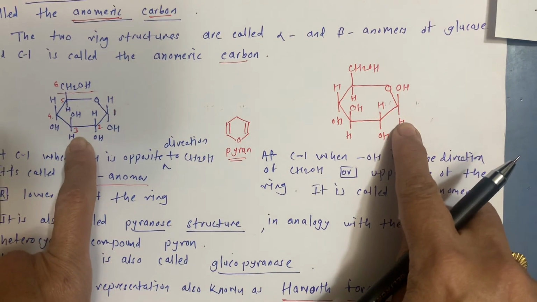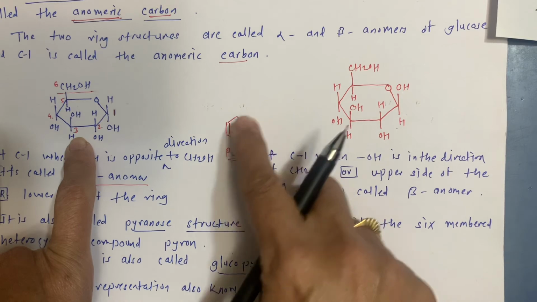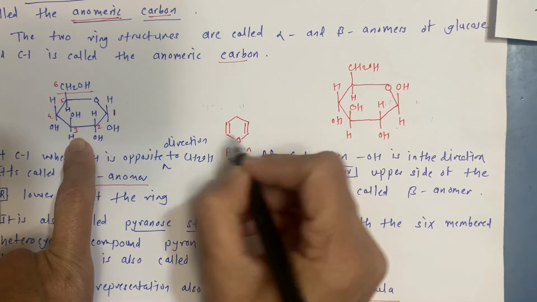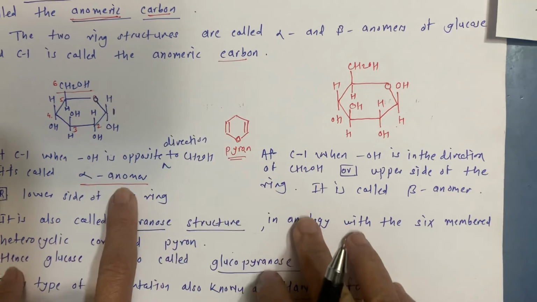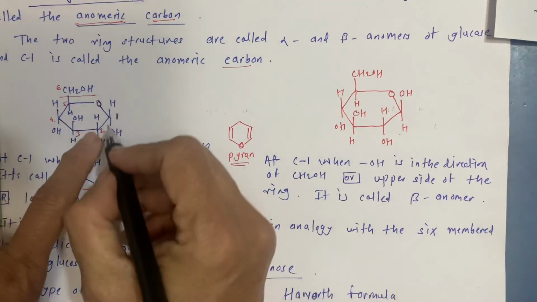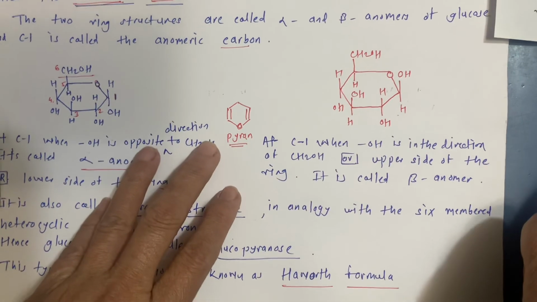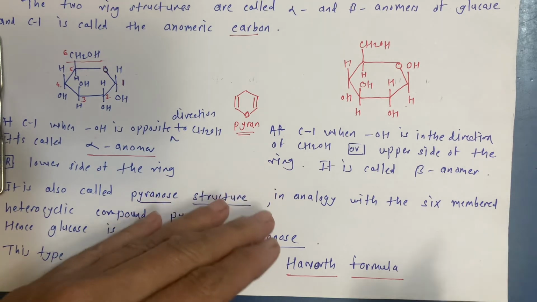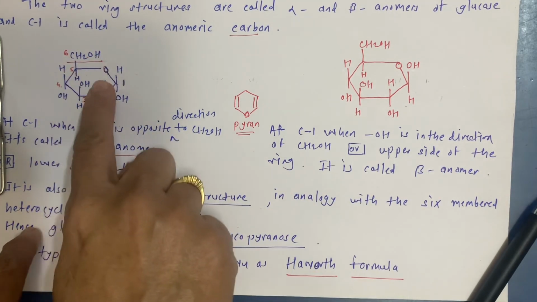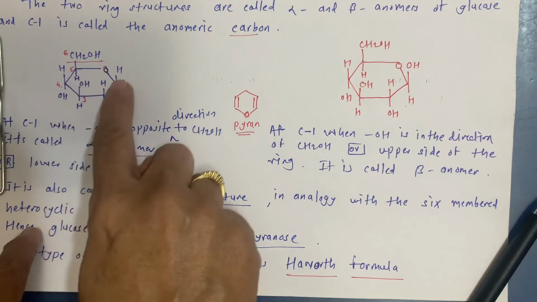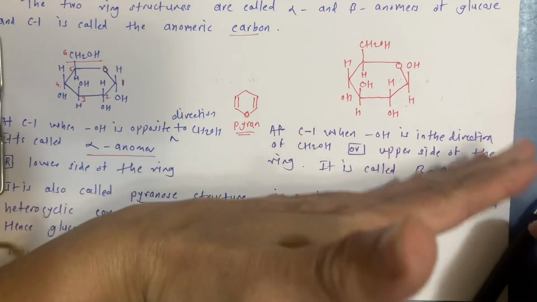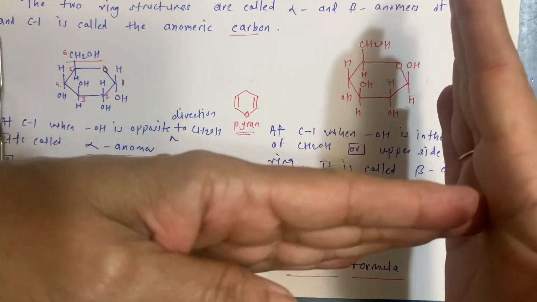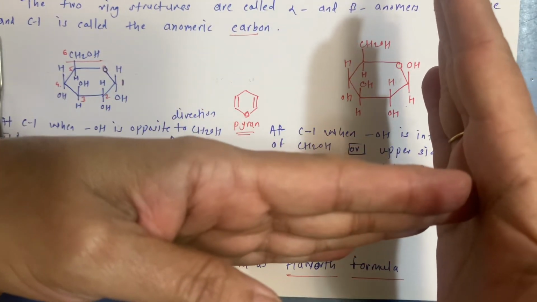What is this Haworth formula? It is based upon pyran, meaning a 6-member ring with an oxygen like this. I will explain it based upon the plane. Suppose this is the plane of the 6-member ring, perpendicular to the plane of the paper.